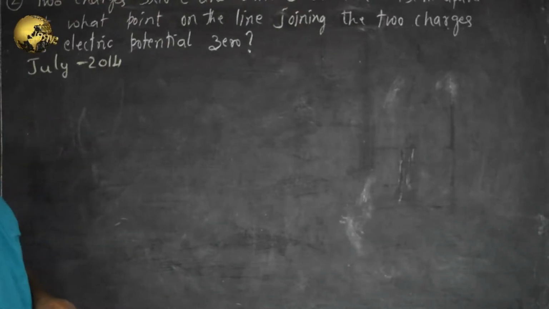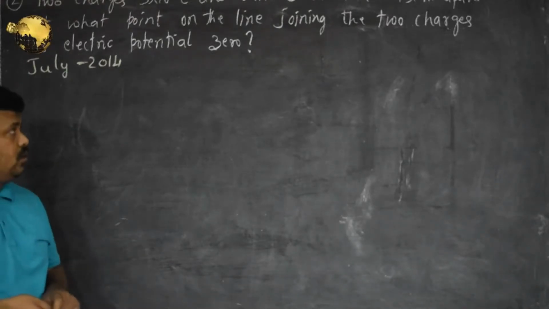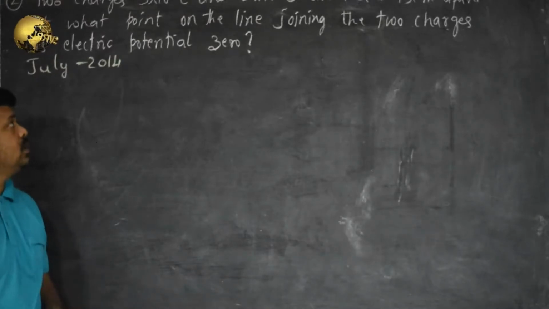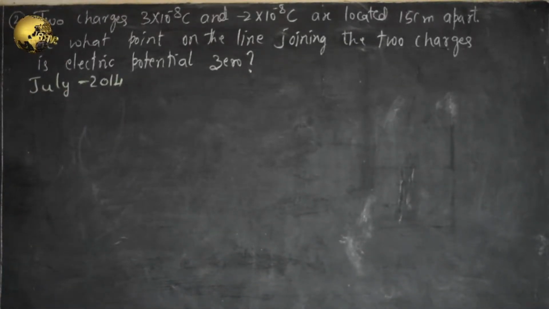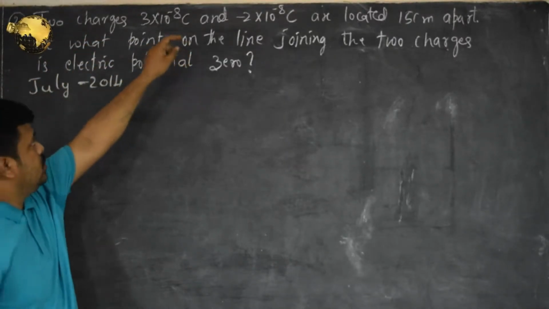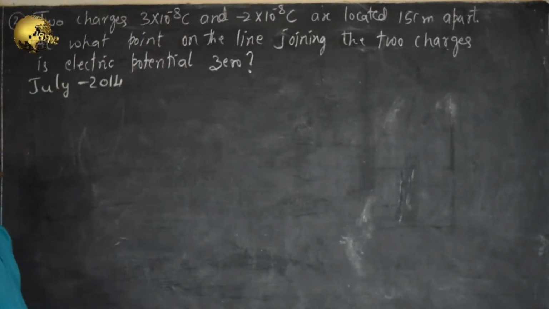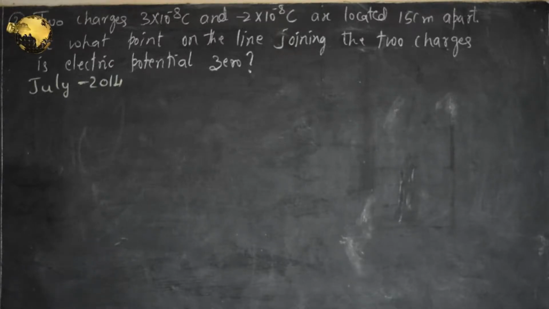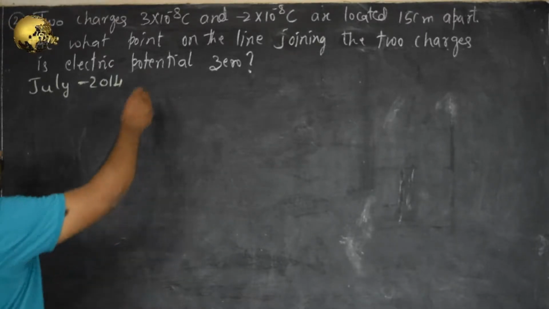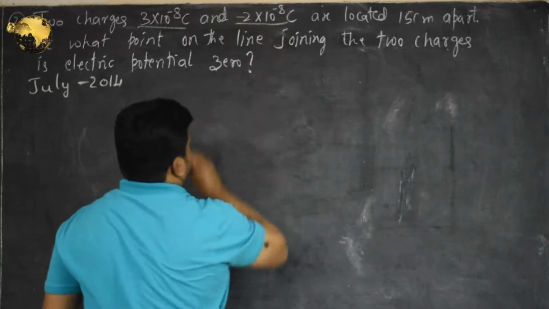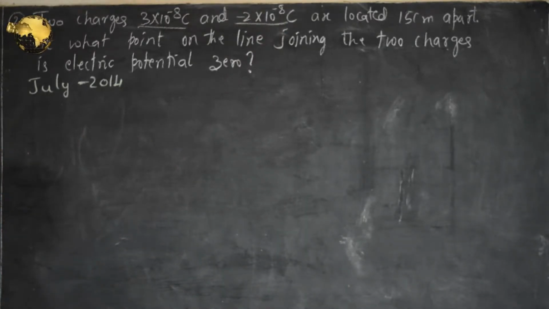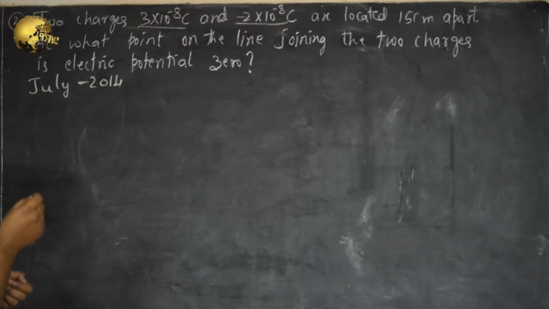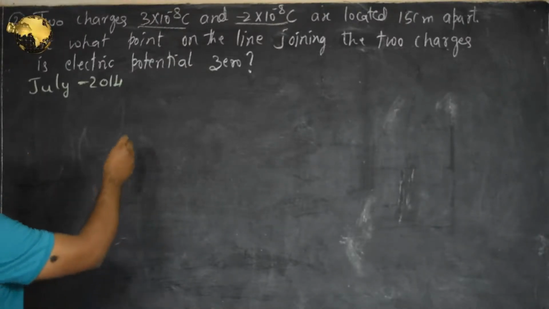Let's move on with the second question from the first 2 units. This question was asked in July 2014. Two charges, 3 into 10 to the power minus 8 coulomb and minus 2 into 10 to the power minus 8 coulomb, are located 15 centimeter apart. So let's draw it.